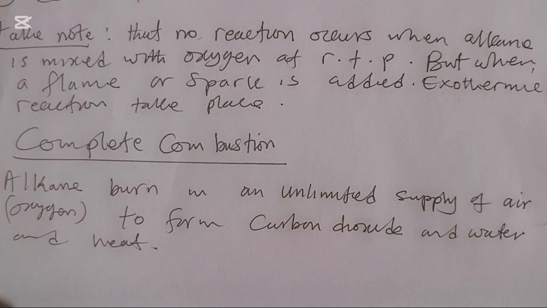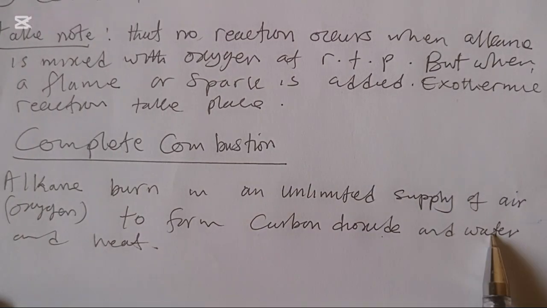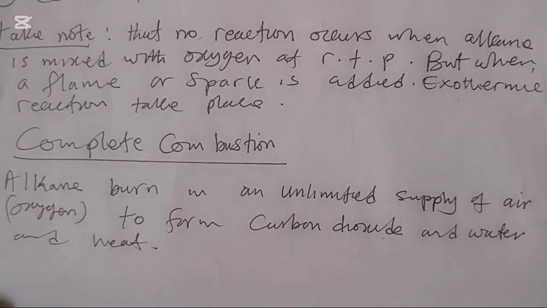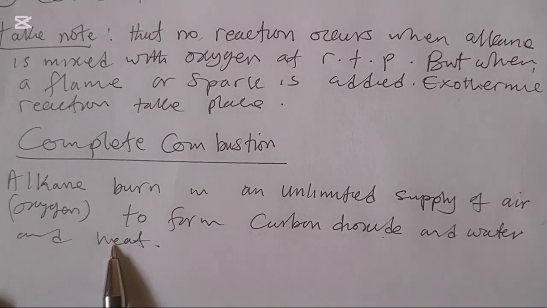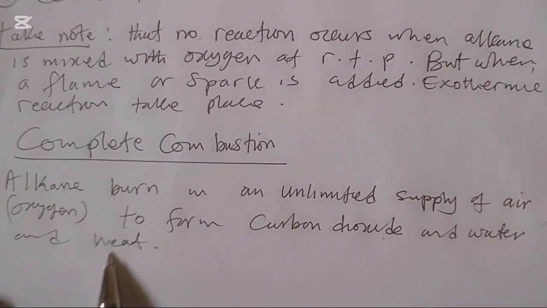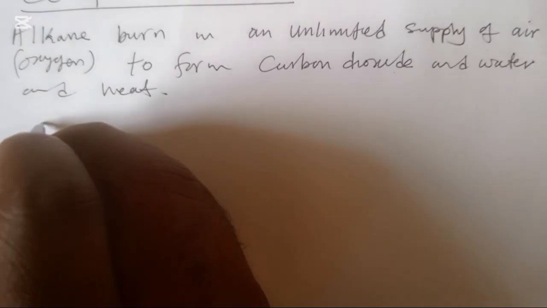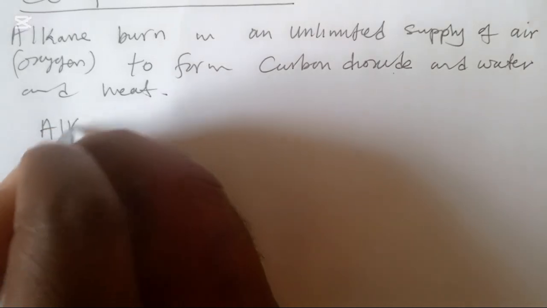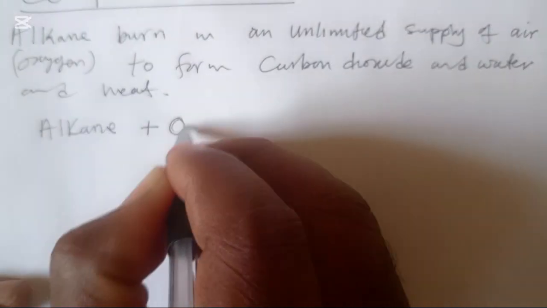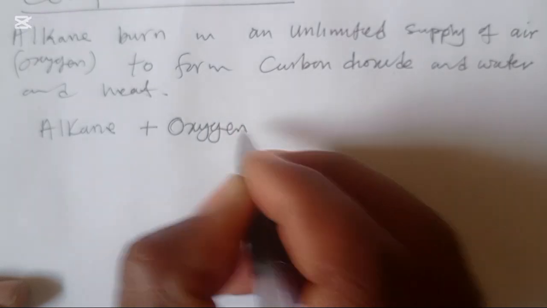So in the complete combustion, carbon dioxide, water, and heat, they are what? Produced. So the production of heat, this is what makes alkane to be used as a what? As a fuel. So we have alkane plus oxygen.